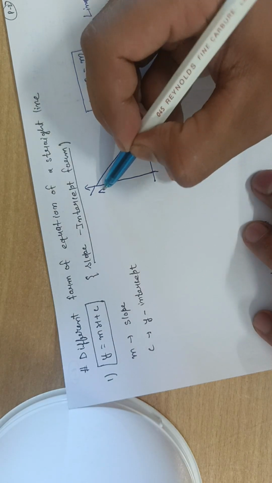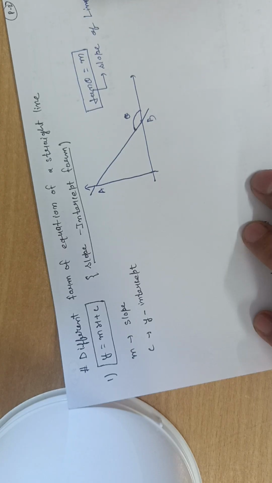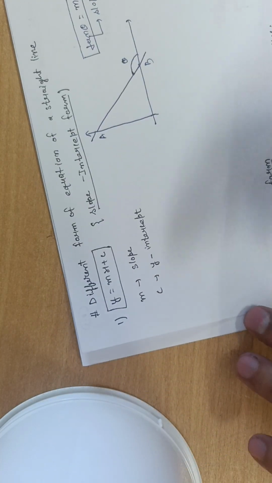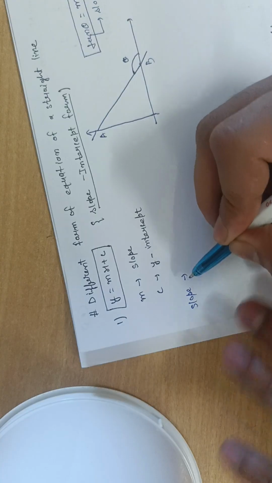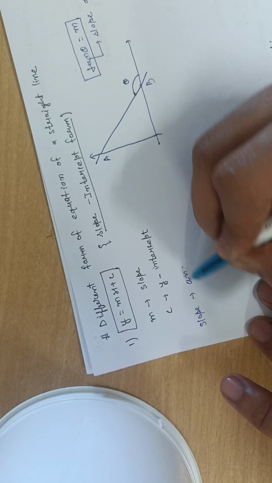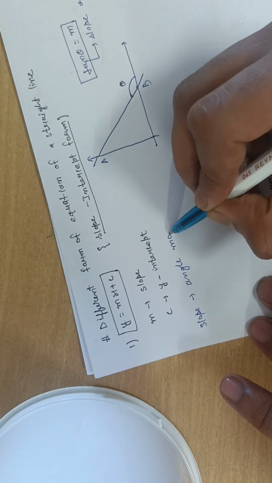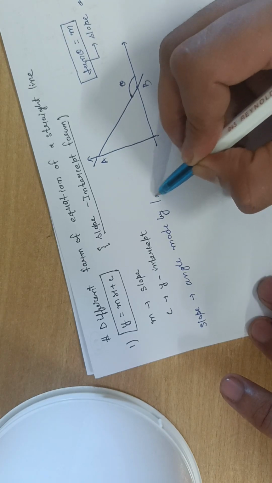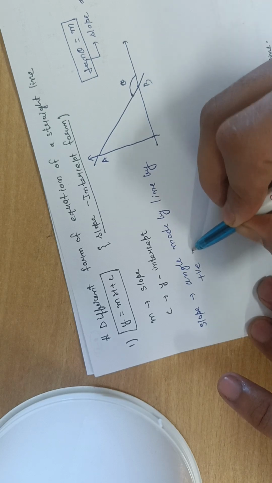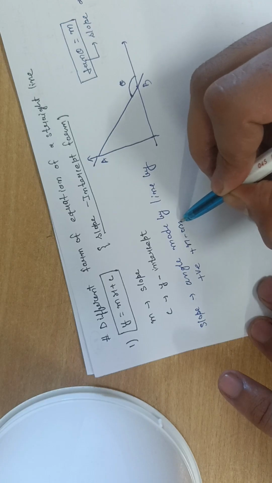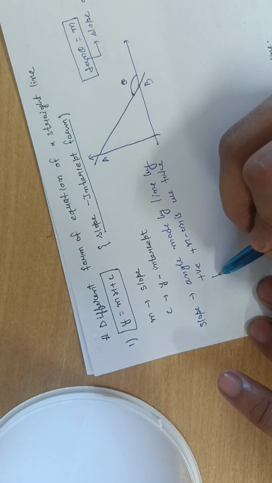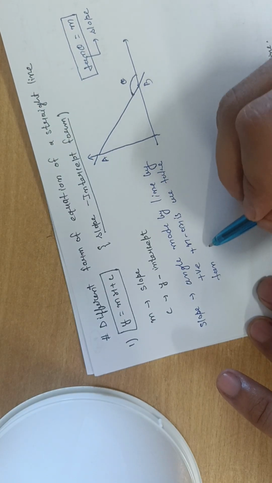Which line? AB. If anyone asks you what the slope of a line is, just define it like this: slope is the angle made by a line with the positive x-axis, and we take the tangent of that angle.